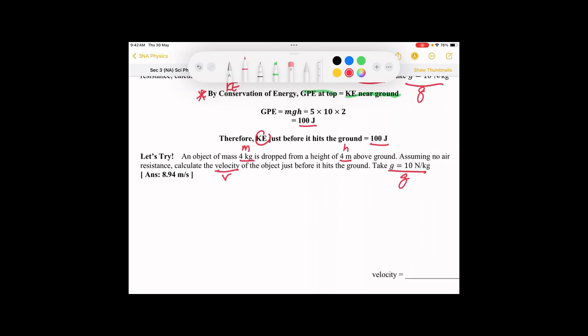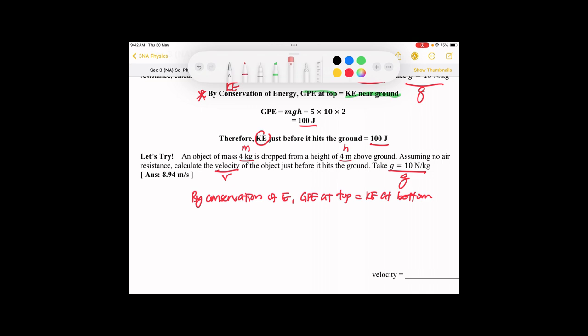By conservation of energy, I'm lazy to write the full thing up. By conservation of energy, GPE at the top equals KE at the bottom, just before it hits the ground.